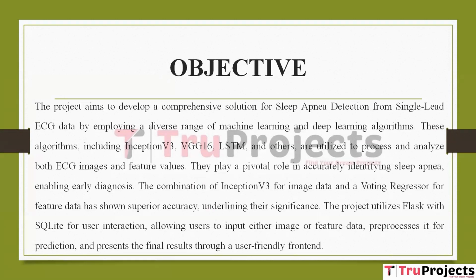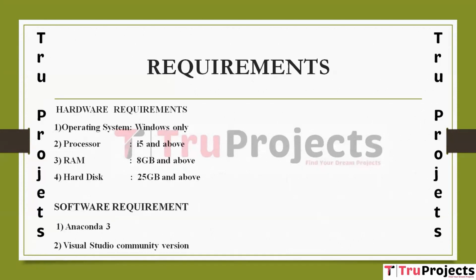The combination of Inception V3 for image data and a voting regressor for feature data has demonstrated improved accuracy. The project uses Flask with SQLite for user interaction, allowing users to input either picture or feature data, pre-processing it for prediction and presenting the results through an intuitive front end.